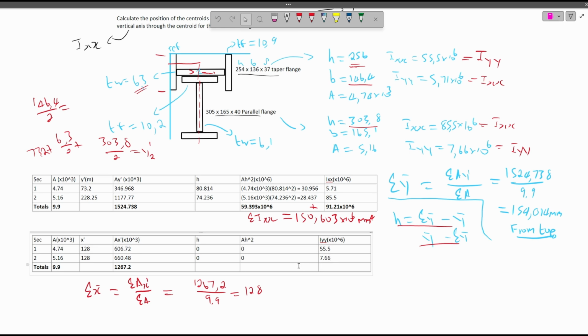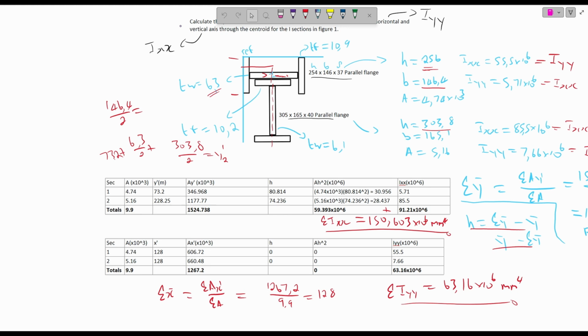Your totals, you have 0 this side, which is 63.16 times 10 to the 6. Your sum of Iyy is going to be 63.16 times 10 to the 6 millimeter 4.